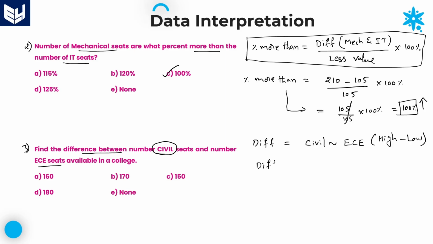Here the ECE value is greater, so 250 minus 90 is 160. That is the required difference between the number of civil students and the number of ECE students. 160 is the required answer for this question. Looking at the options, option A is the right answer for this question.